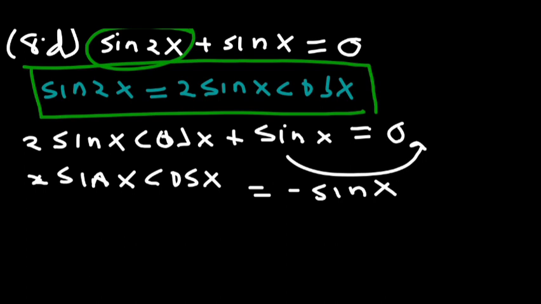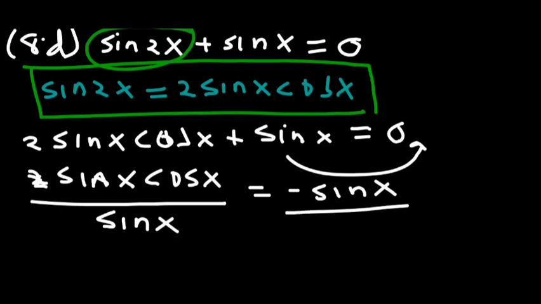Then divide both sides by sine x. This and that will cancel. So what are we remaining with? We're only remaining with 2 cos x is equal to negative 1.